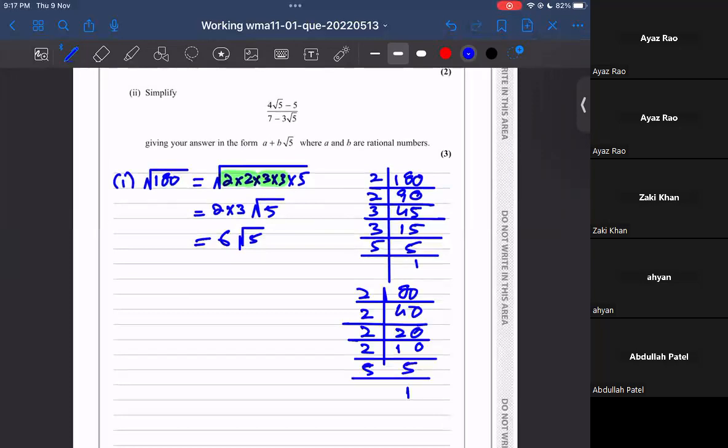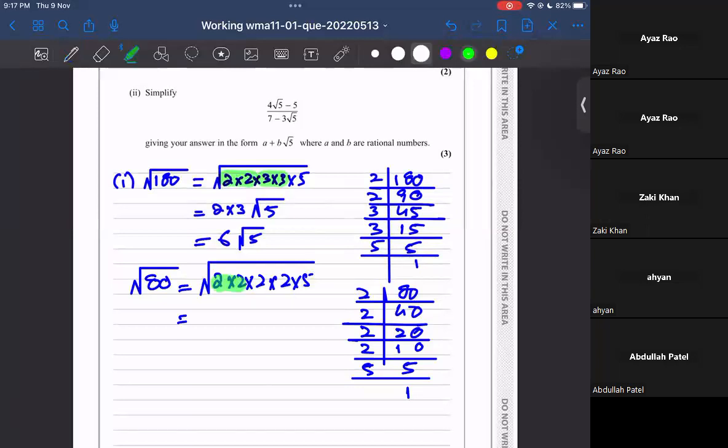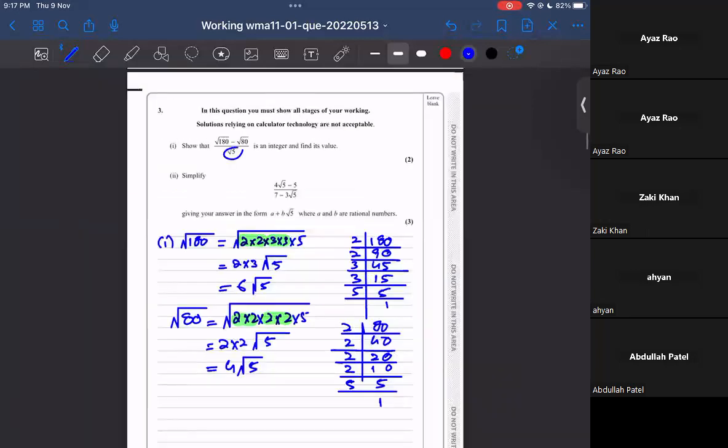So I can write 80 square root as like this. तो देखो आपके पास 2 is twice, 2 is twice, so after square root they are going to come back out of the square root. So it becomes 4 root 5 here. और root 5 to denominator में लिखा उसका एड्रेस रहने देंगे.